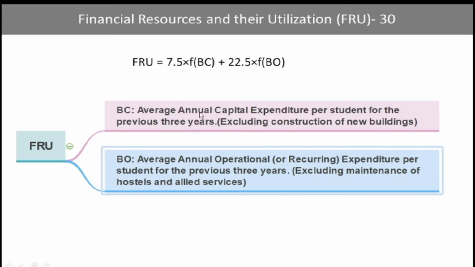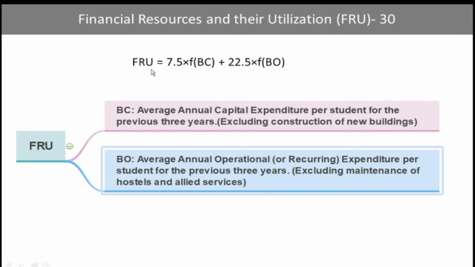BC is the average annual capital expenditure per student for the previous 3 years, excluding construction of new buildings, and BO is the average annual operational or recurring expenditure per student for the previous 3 years, excluding maintenance of hostels and allied services. Now you see here that BO is multiplied by a factor of 22.5 and BC is multiplied by a factor of 7.5.